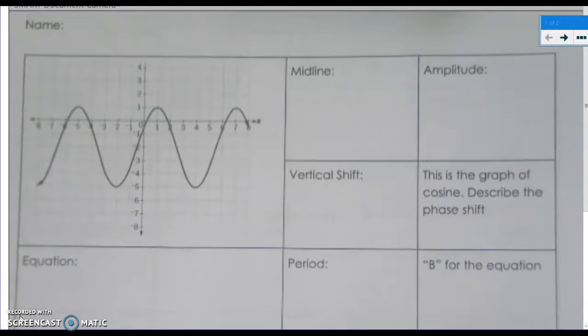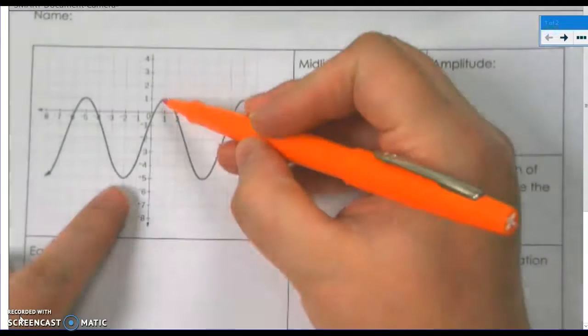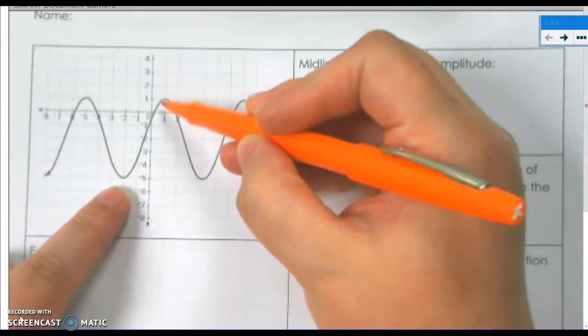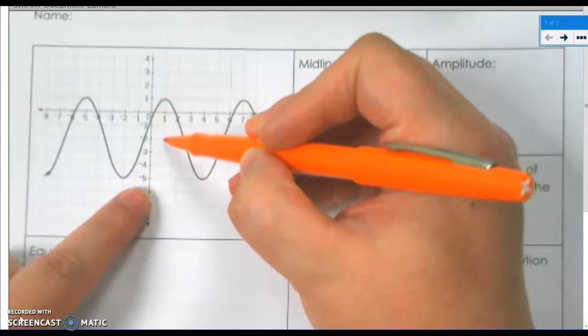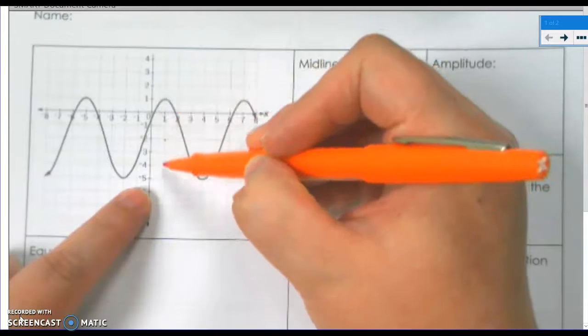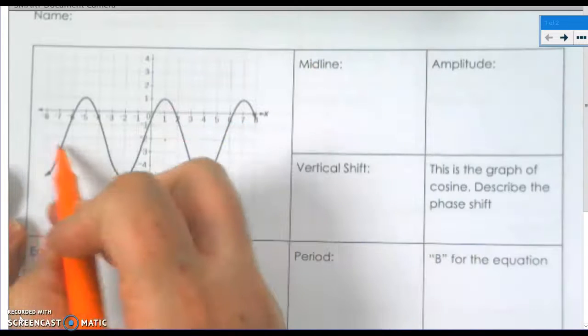Alright, so I'm going to go ahead and find my midline by finding the halfway point. And it looks like it's here.